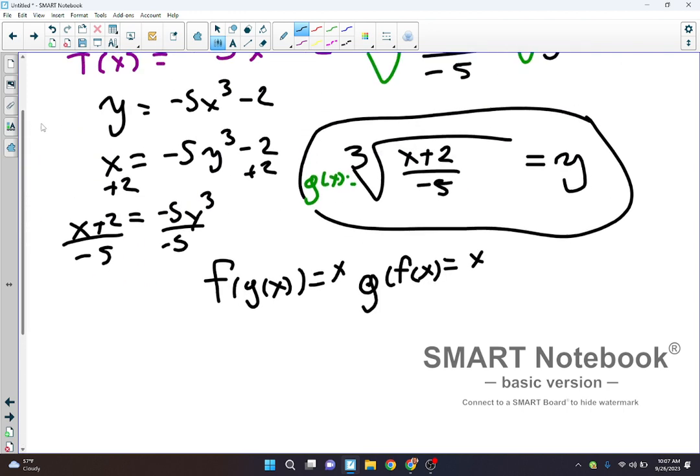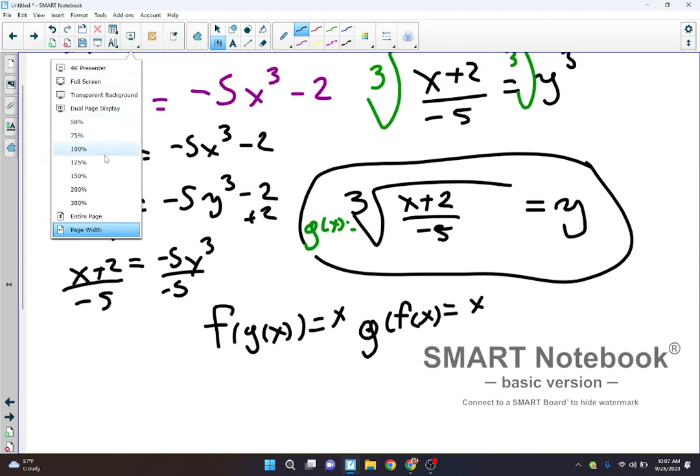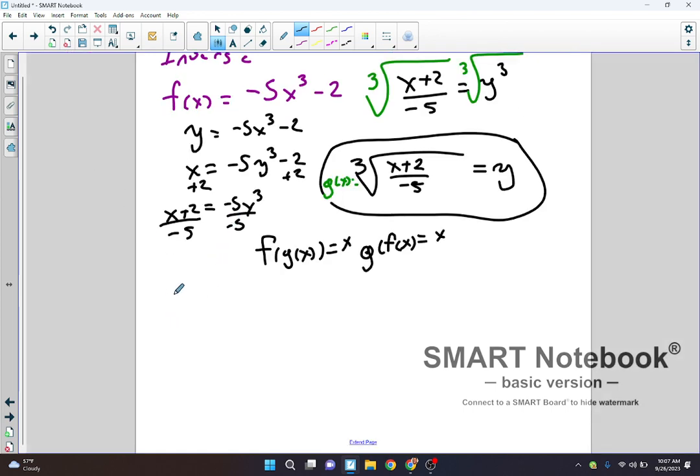So what was my original? So negative 5x cubed minus 2. So I'm going to plug in g of x into here. So negative 5, the cube root of x plus 2 divided by negative 5, cubed minus 2.